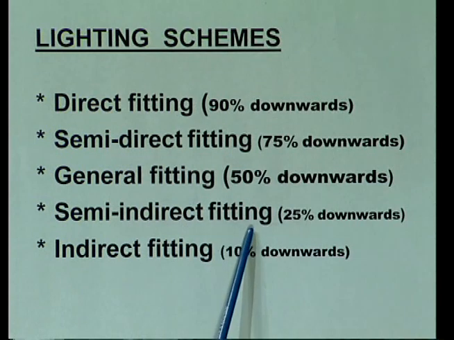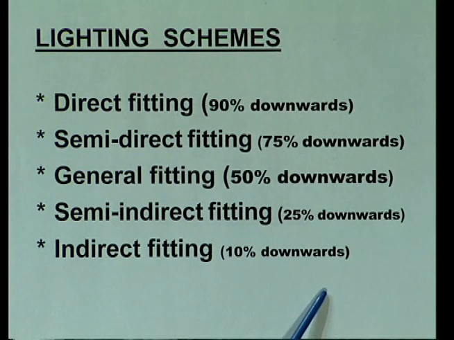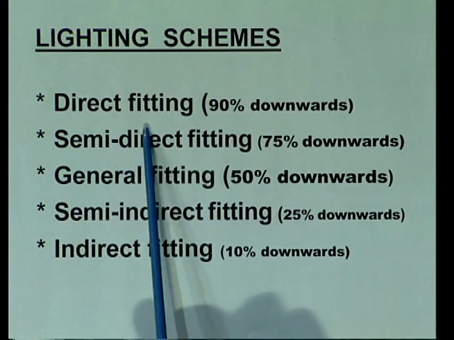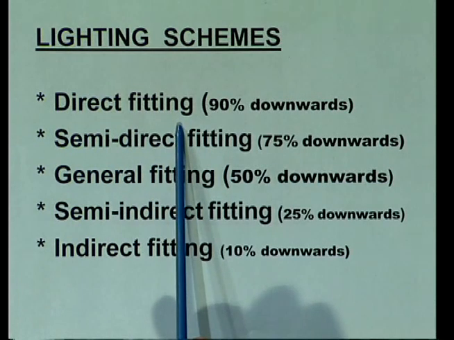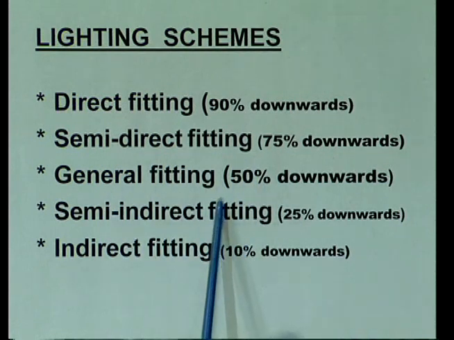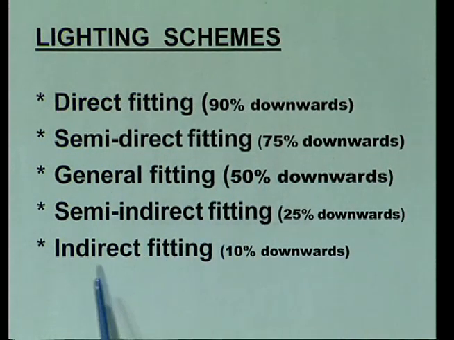Semi indirect fitting 25% downwards. Indirect fitting only 10% downwards. So, like this, the lighting can be used either as direct fitting, semi direct fitting, general type of fitting, semi indirect fitting, or indirect fitting. So, these schemes can be used at different situations.